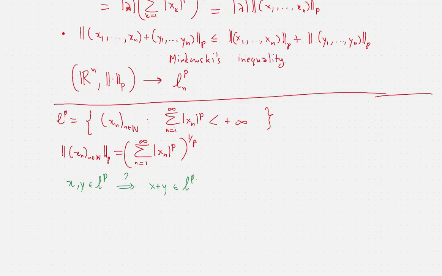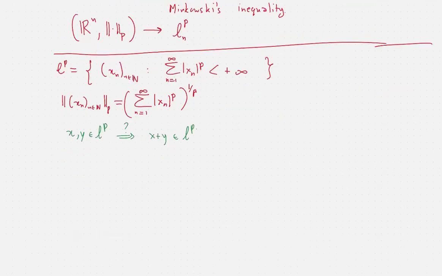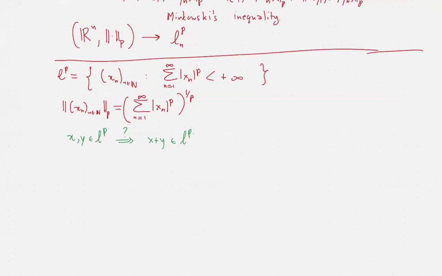So what you do is you first apply this for truncated sequences. So let's say you start with two elements, x and y, that belong to LP. So x is a sequence x_n whose sum of pth powers converges, and y is a sequence y_n whose sum of pth powers converges.